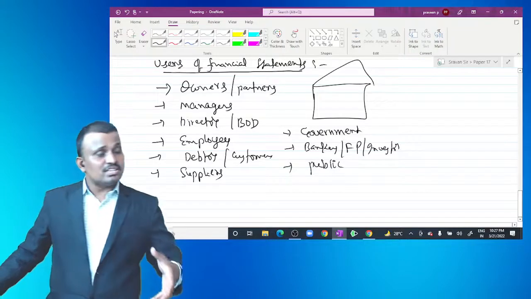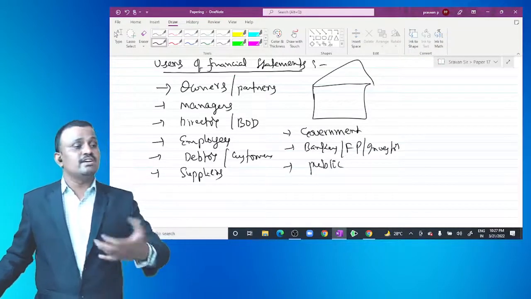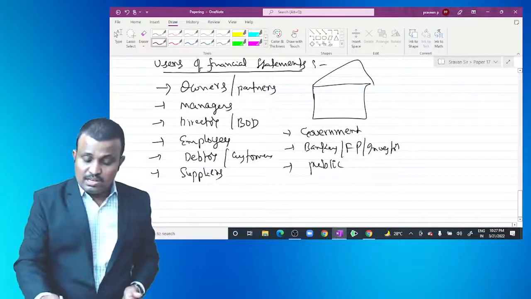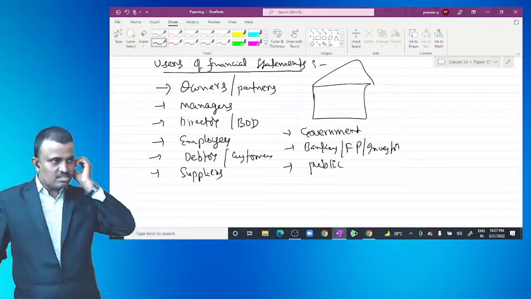So users are nothing but those persons who deal with the business in the day-to-day operations of the business. Owners are also called stakeholders of the entity.